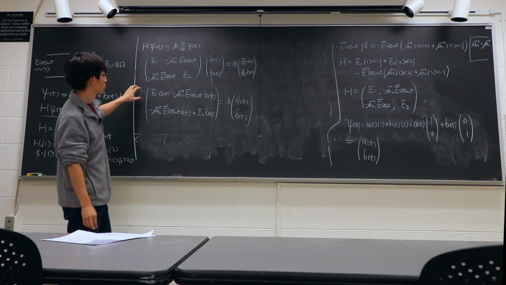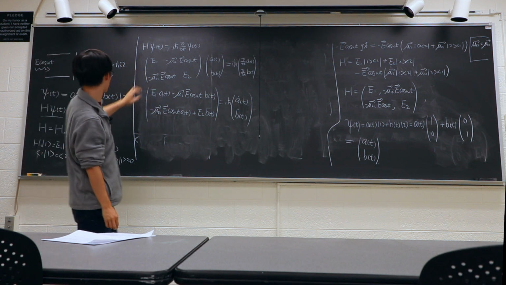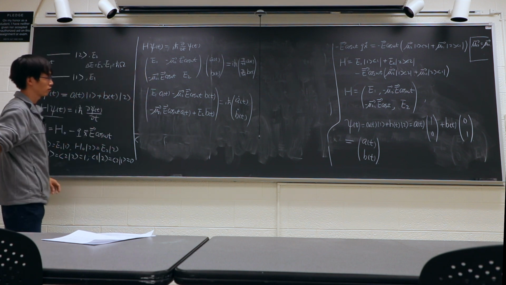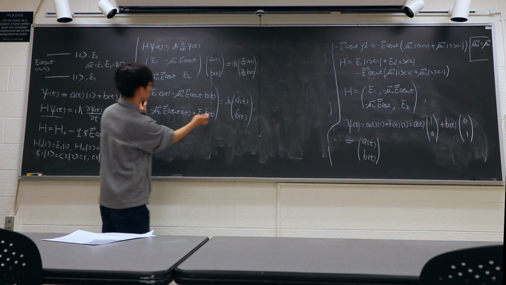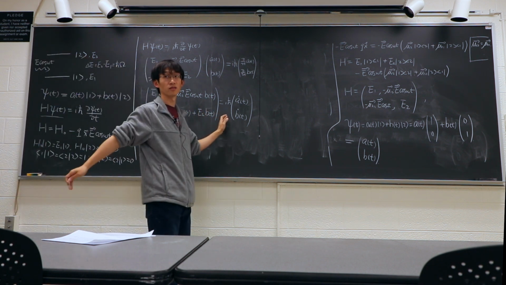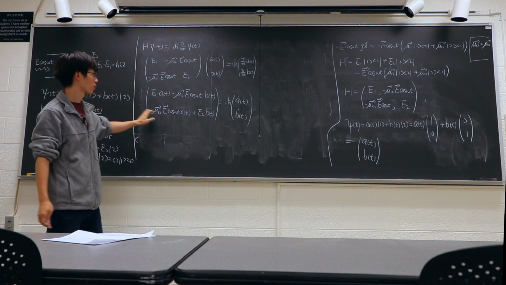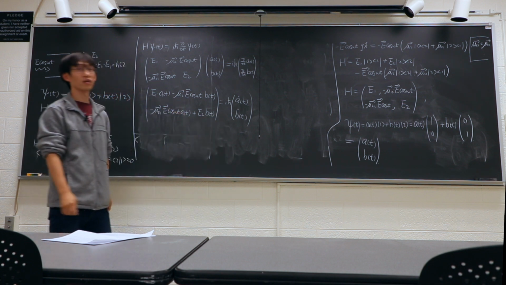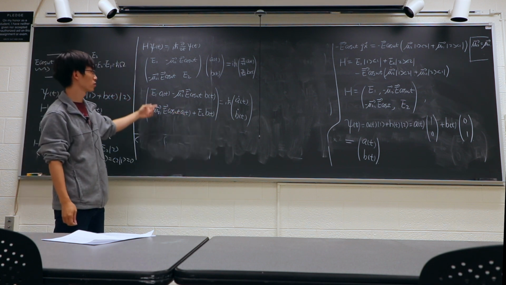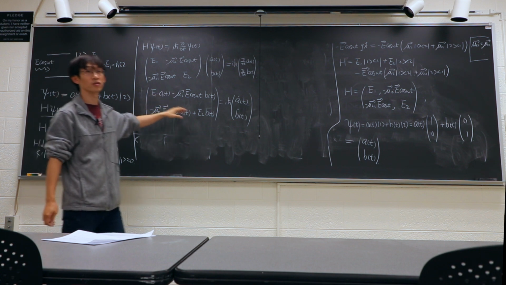So this Schrodinger equation is now converted into a vector equals a vector. And we all know a solution, right? A vector equals a vector means all the components have to equal each other.